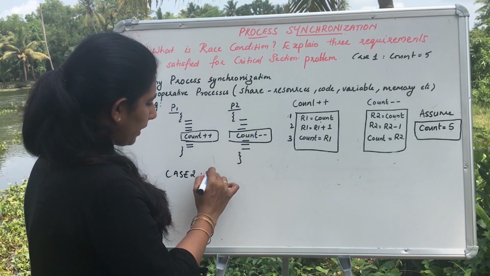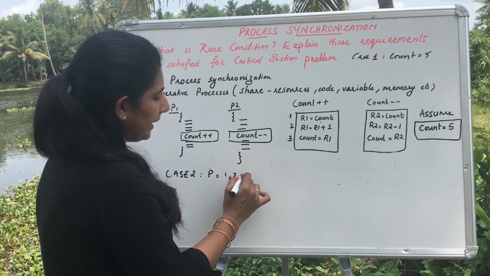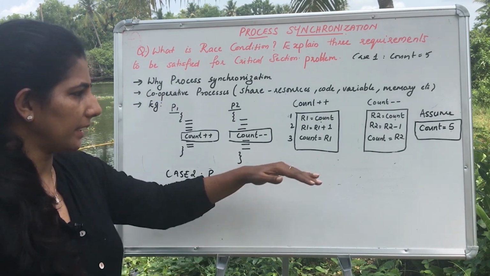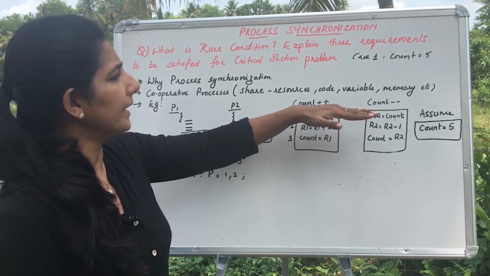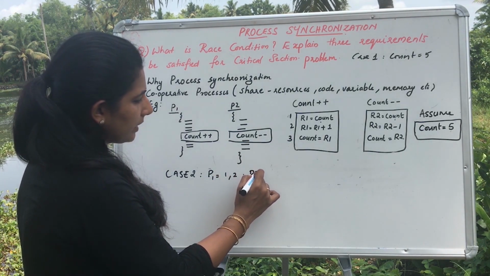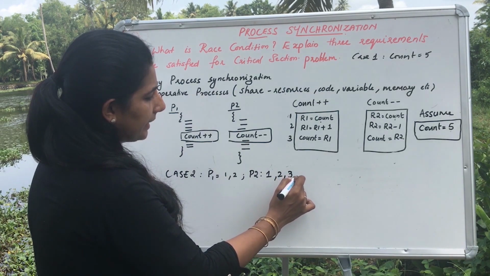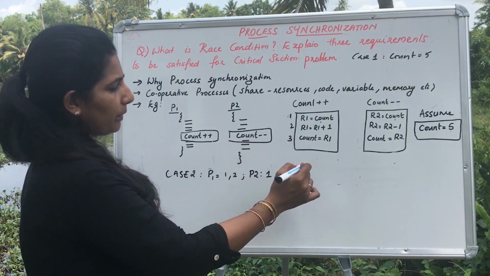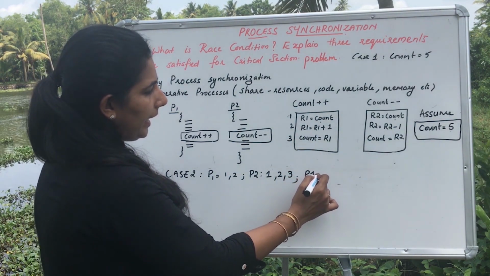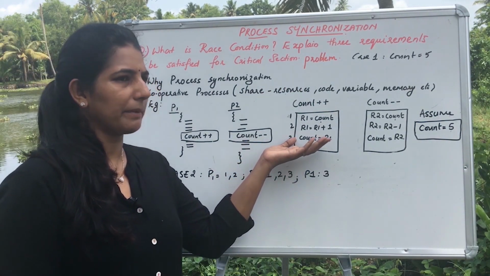Process P1 initially is executing line number 1 and 2, then it is preempted, it is stopped over here and it goes to process P2, where process P2 is executing line number 1, 2 and 3, and then finally it comes back to process P1 and it executes line number 3.